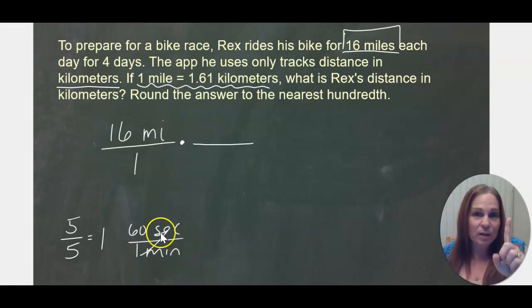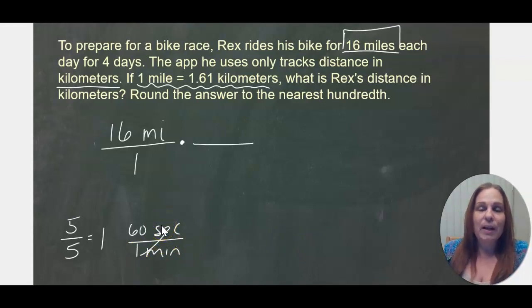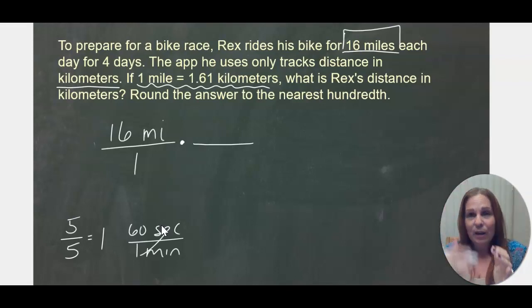That equals 1. So by multiplying by these conversion ratios, since the top equals the bottom, I'm not changing the value. I'm multiplying by a fraction that has a value of 1.